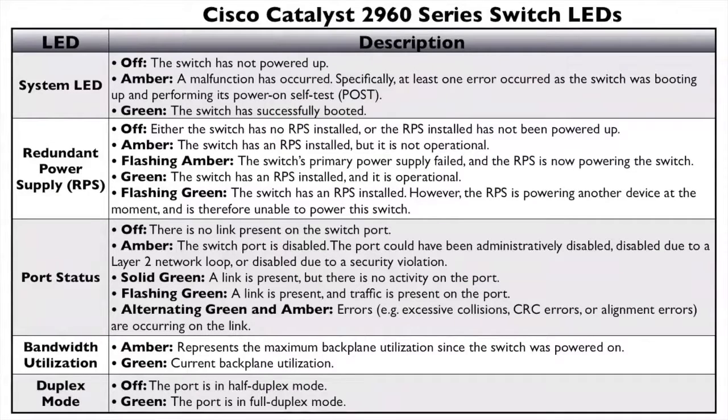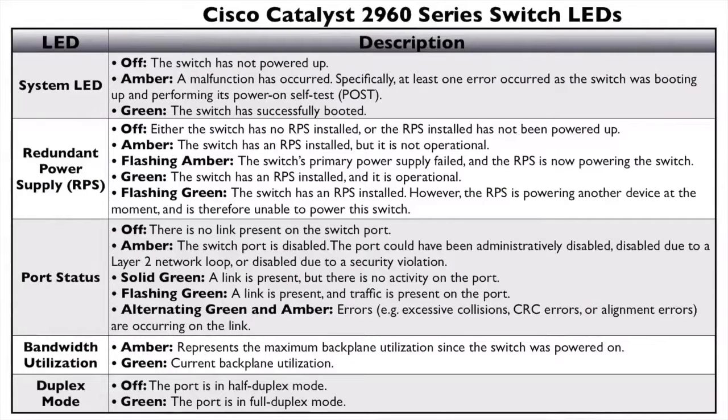If you think about those LEDs above the switch ports, looking left to right, if we have a series of amber lights turned on, if we just imagined those lights as interconnecting, as forming a line, it kind of makes a bar, like a bar graph, like a histogram, and how far over the amber row of lights goes, that indicates the maximum backplane utilization on the switch since the switch has been powered on.